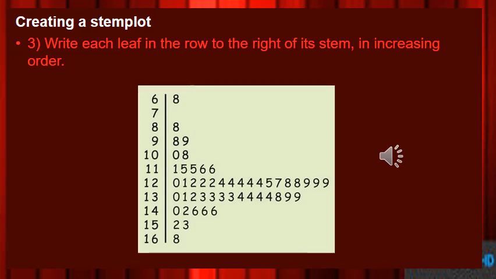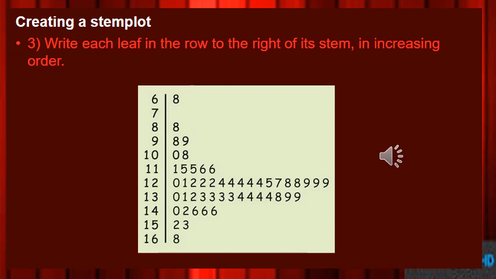I put number 8 on the right of the bar beside the 6, and it makes 68. I have no observation in the 70s, so I leave a blank space beside the number 7. I have one observation, which is 88. I put number 8 on the right of the bar, and so on until my highest observation, which is 168. And I have here my total of 50 observations written.